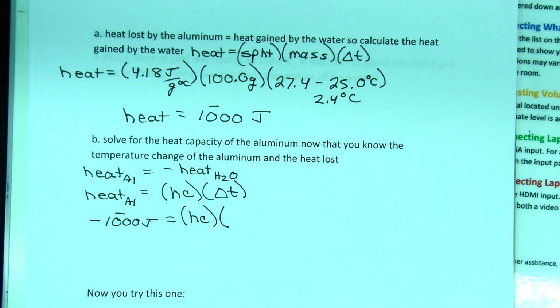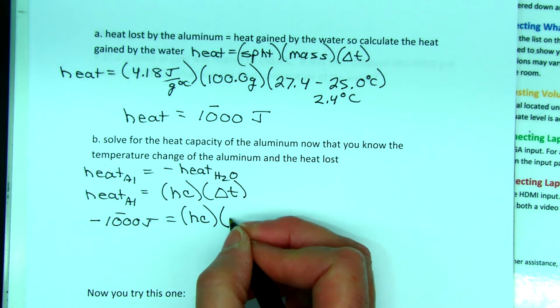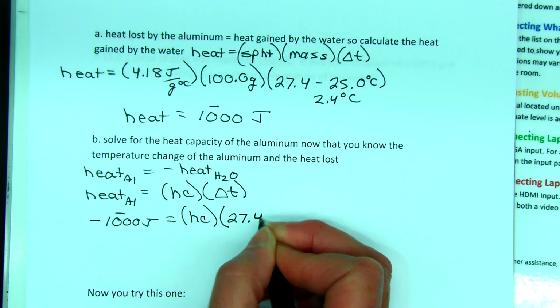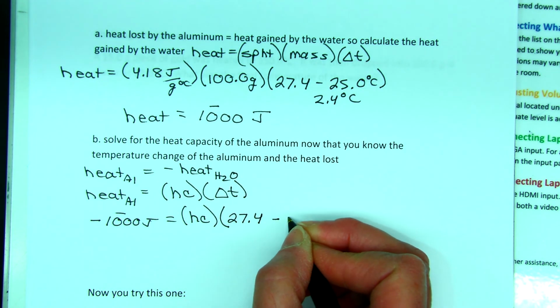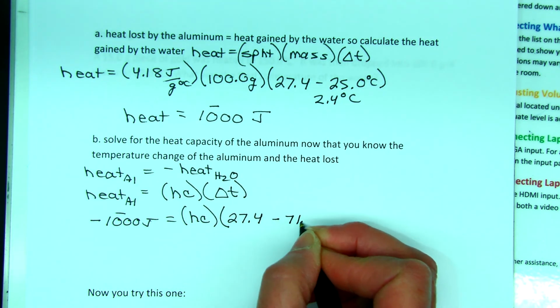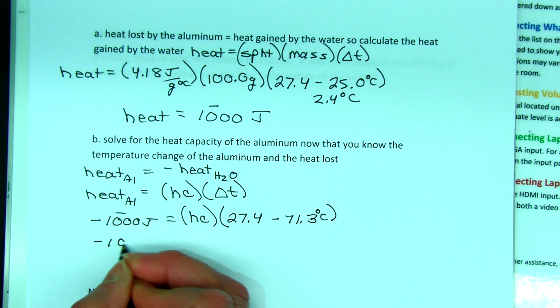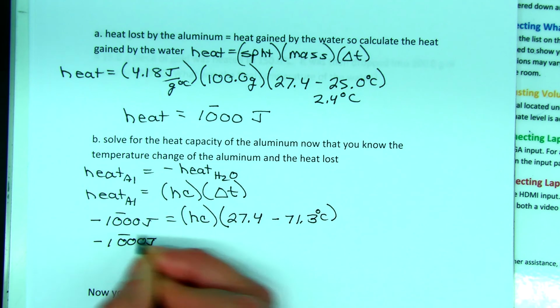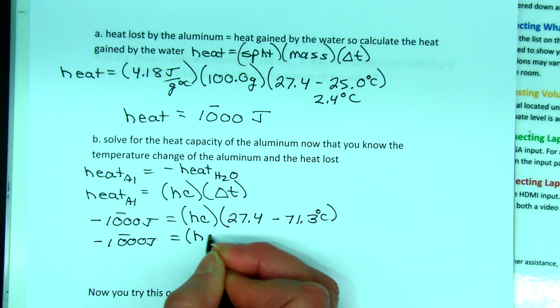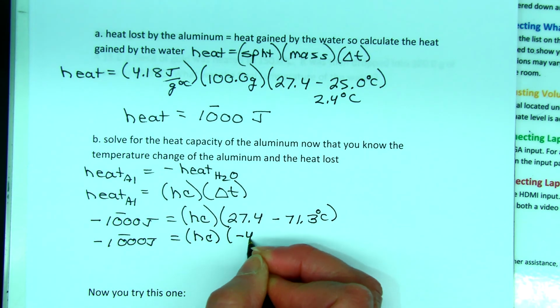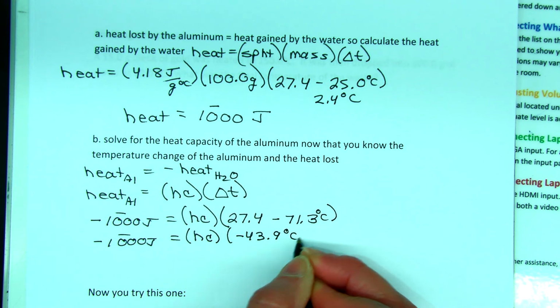They equal out because the aluminum and the water are combined and they reach thermal equilibrium, right? So the final temperature is 27.4 minus the initial temperature, which is 71.3 degrees Celsius. So my negative 1,000 joules is equal to my unknown heat capacity times negative 43.9 degrees Celsius.